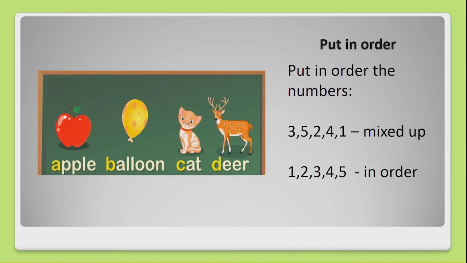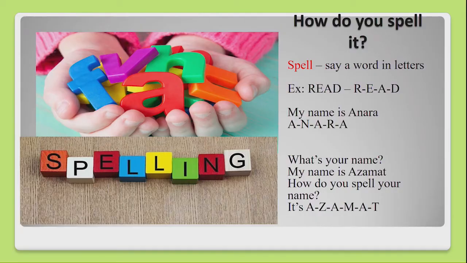Good job. How do you spell it? Spell is say words in letters. For example, if you spell the word read, it's R-E-A-D. My name's Anara.